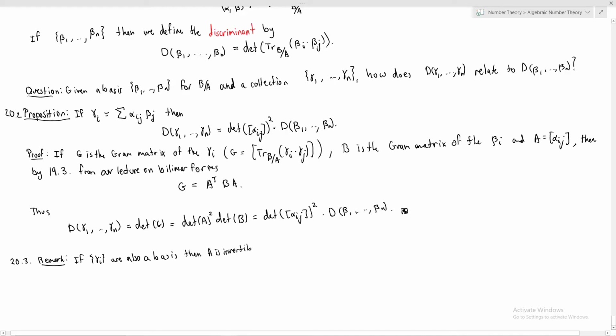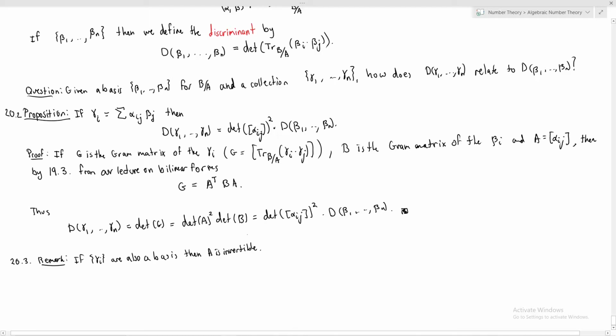Just to remind you of why this is true, A is the change of basis matrix from the beta i's to the gamma i's. We also can make a change of basis matrix if the gammas are a basis, from the gamma i's to the beta i's, and that will be the inverse of A.